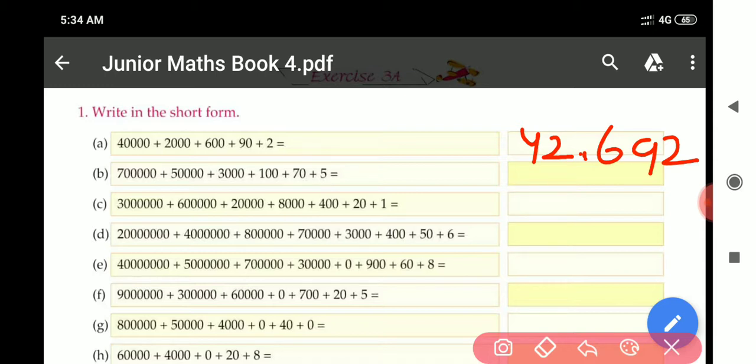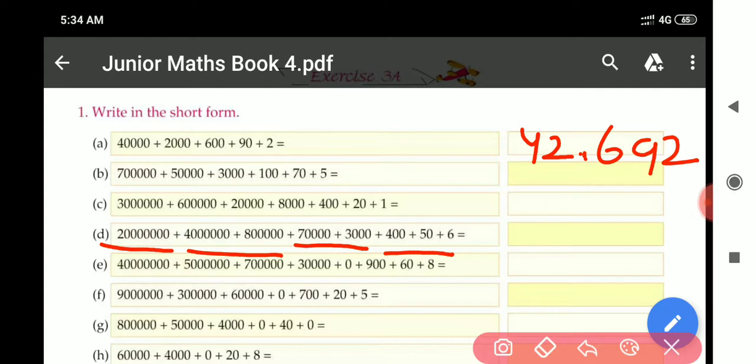See, now count the number of zeros. 1 2 3 4 5 6 7. 1 2 3 4 5 6. So 456, this is one period. 3,000 and 70,000, this is one period. 1 2 3 4 5, this is 8 lakh and this is 48 lakh. This is the lakh period and this is the crore period.